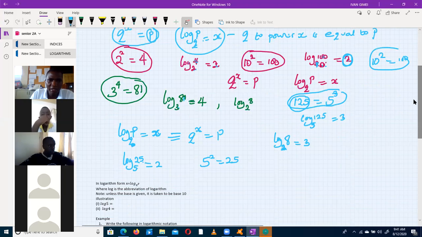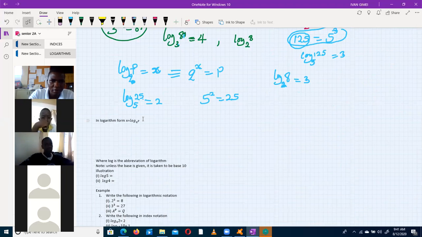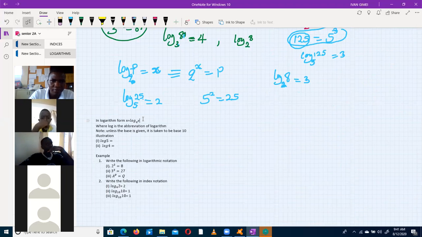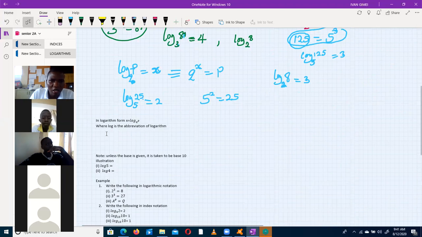Okay, let's look at another thing here. Of course, we're defining something. Here we're saying where log is the abbreviation for logarithm, then Q is the base, we call it the base, then X is the index.